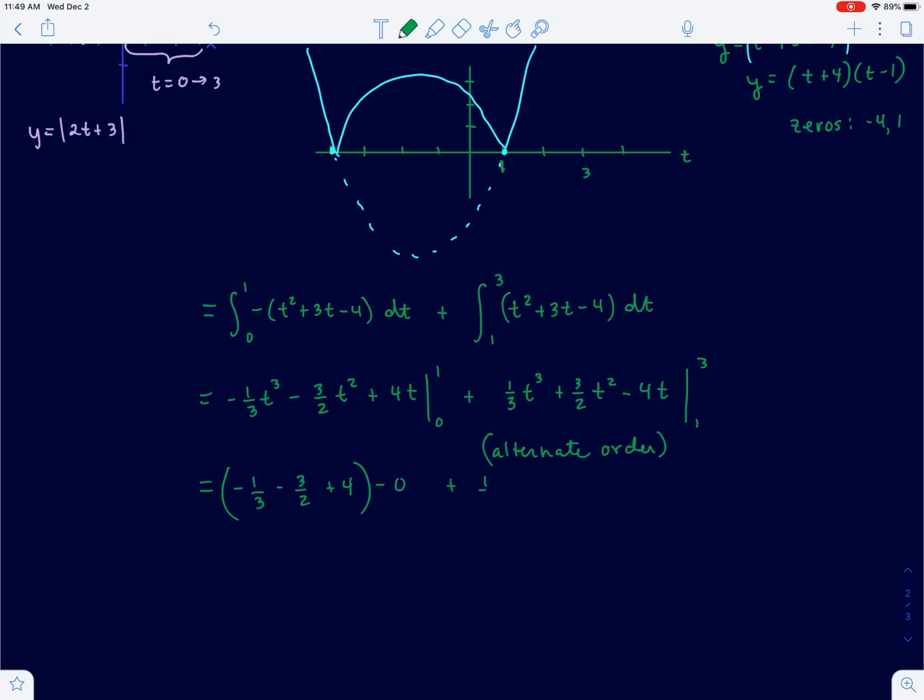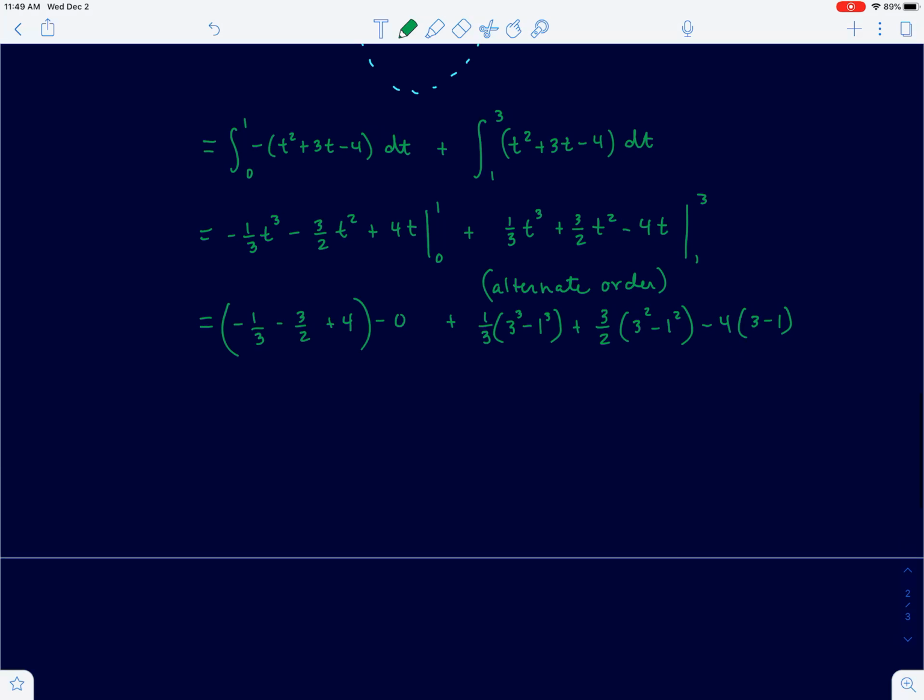So I'm going to do 1/3 times 3 cubed minus 1 cubed, plus 3 halves times 3 squared minus 1 squared, minus 4 times 3 minus 1. So instead of plugging in the 3 into all the terms and then the 1, I'm doing the 3 then the 1 individually in each term. Because of the commutative property, I'm allowed to do that. I can add in any order that I like, so it will all work out.